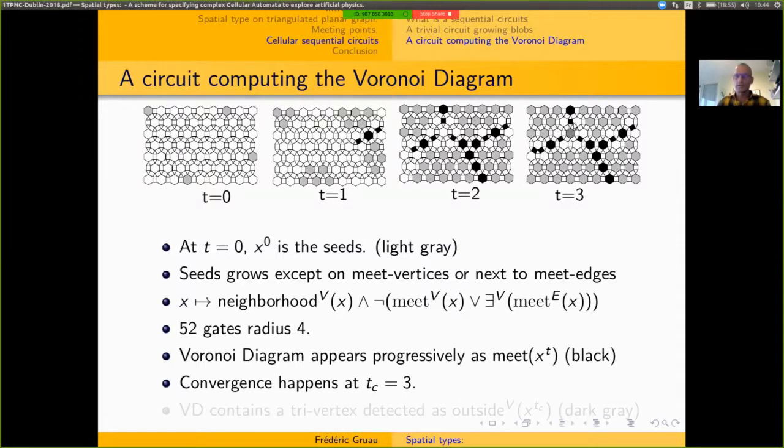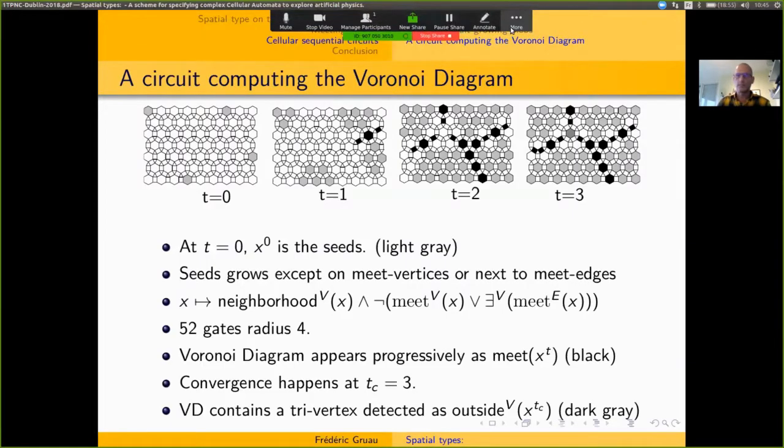By strict, it doesn't contain the points which are adjacent to another Voronoi cell. The Voronoi diagram contains 3-vertices, like this vertex, which is equidistant to 3 Voronoi cells. It is detected because it is outside of the Voronoi cells, it's not adjacent. This also works for points adjacent to more than 3 Voronoi cells.